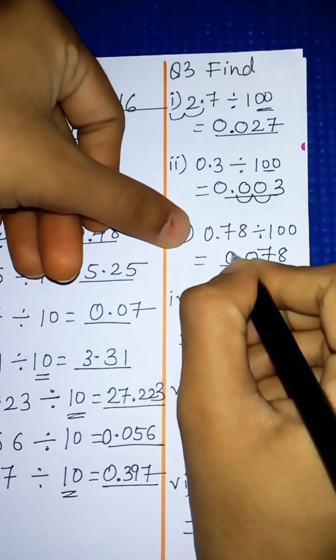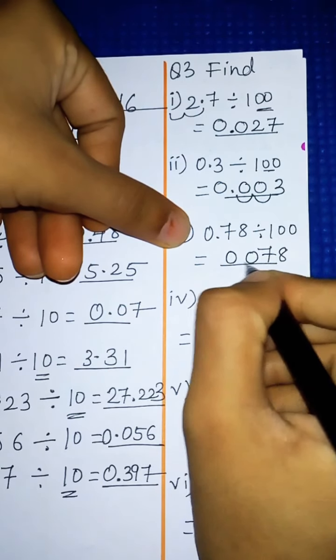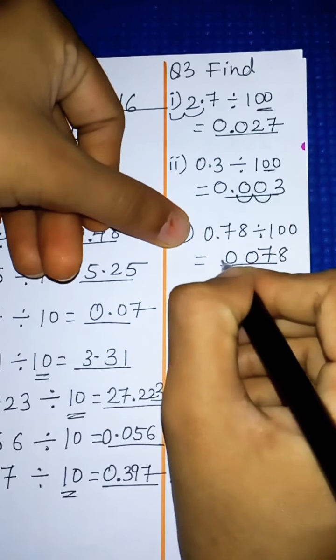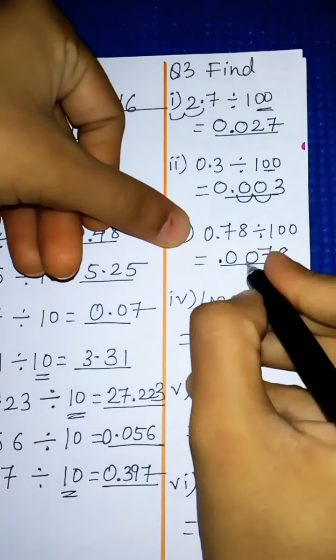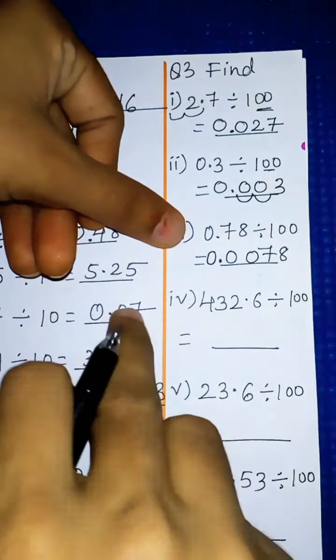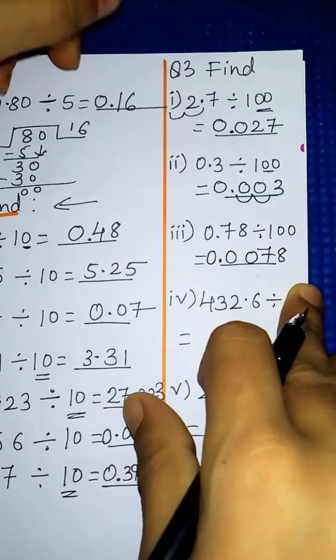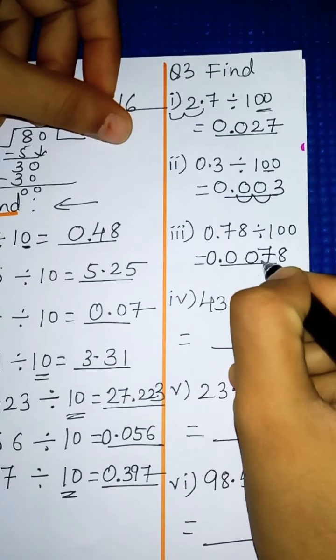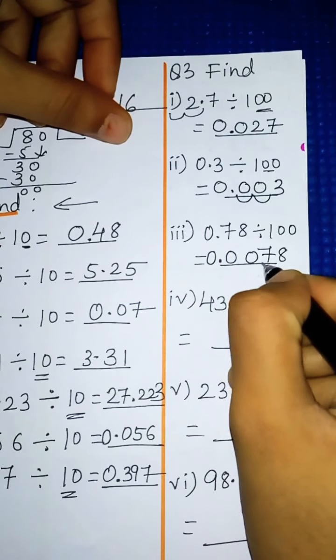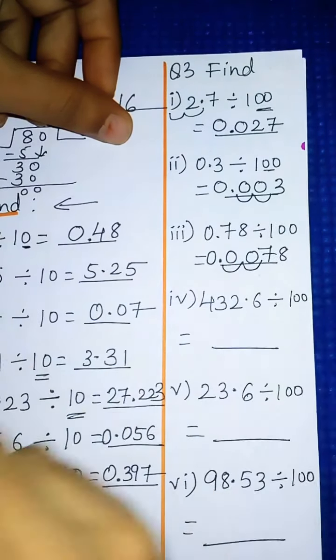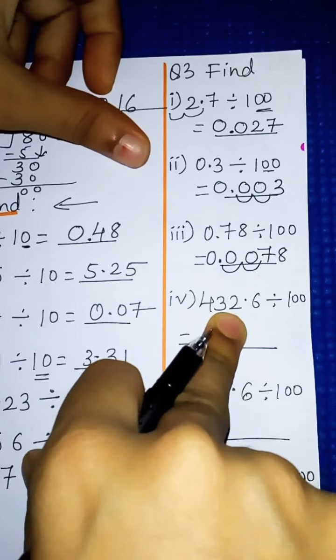So again we will keep point over here. Okay. So point was here. So 1 shift and second shift. So now we will keep point and then 0. So the answer will be 0.0078. Point कहाँ पे था? यहाँ पे था. Now 2 times we have shifted. 1 from here, 1 and then 2. So 2 times we will shift like this.